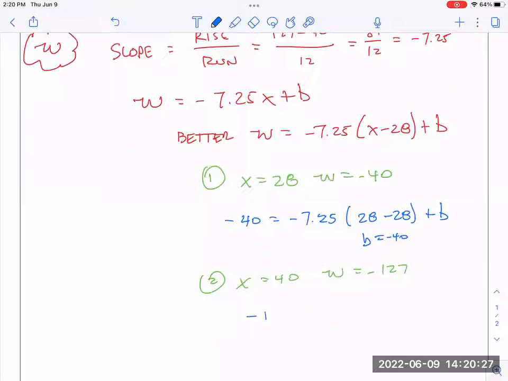What's the bottom one say? The bottom one says when w is negative 127, x is 40. What does that give you for b?